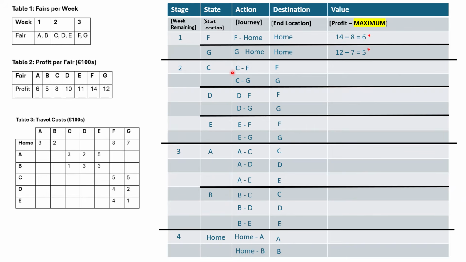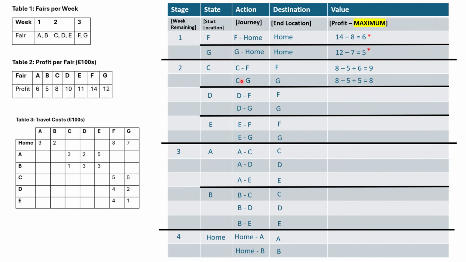We then have C to F. So we're going to start at C. So our profit at C is 8. To travel from C to F is 5. And then we need to consider that if I'm at F, the optimal way to get back is going to be 6. So that gives us our 8, which is our profit for C, minus 5, which is the cost to travel from C to Fair F, plus our 6, which comes from this line above.